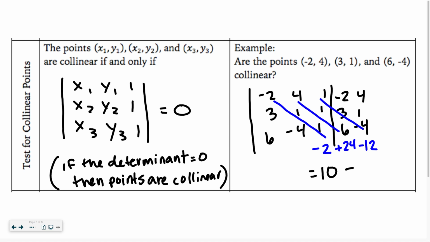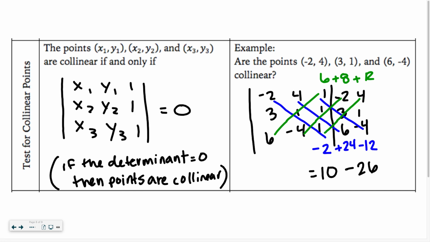Okay, now I'm going to do the diagonals going up. 6 times 1 times 1 is 6. -4 times 1 times -2 is 8 positive. 1 times 3 times 4 is 12. Add those all up, that's 26.